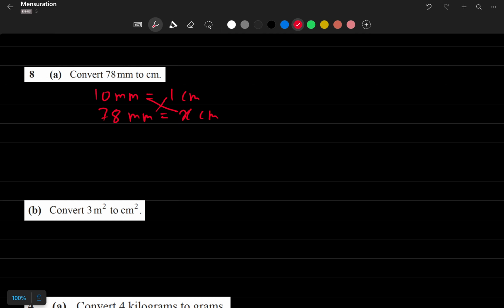Cross multiply these both values and it will be 78 equal to 10 times x, and x is equal to 78 divided by 10, which is equal to 7.8 centimeters.